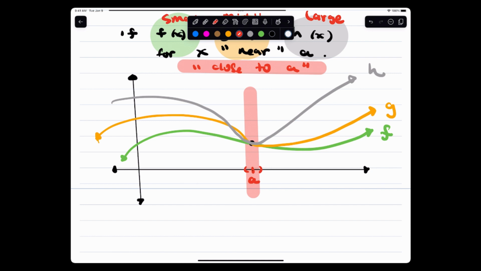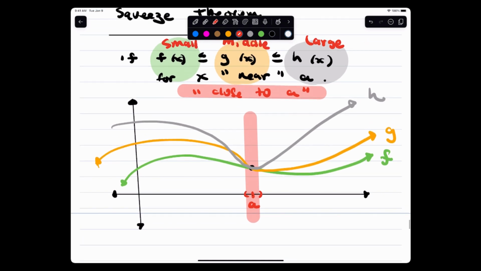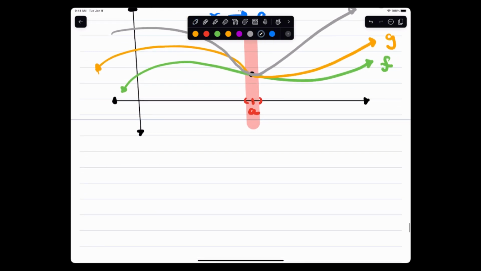And whenever I see this close to a business, are they saying this limit as x goes to a? Yes. So if you have this, then this is what we can say.